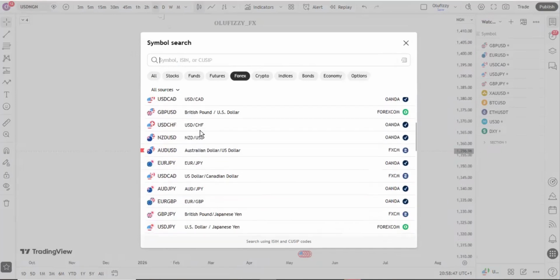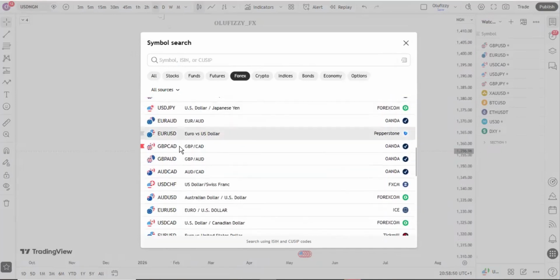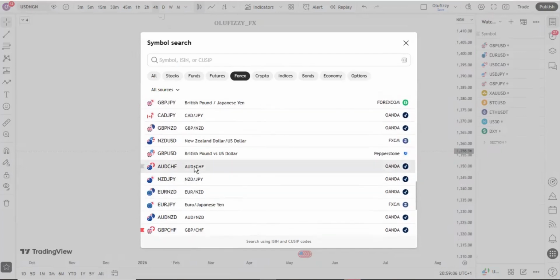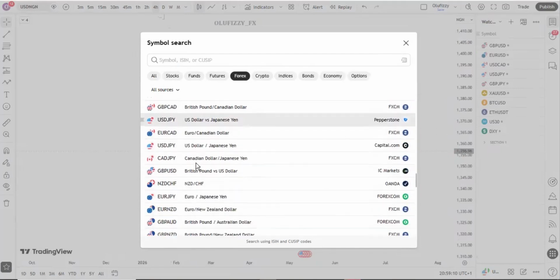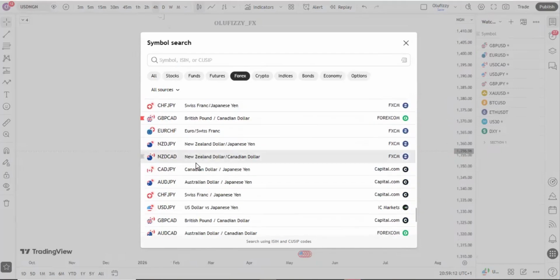You see that we have many pairs here, but any pair that doesn't include USD is a minor pair. Take note of this place where I select Forex. Any pair that doesn't include USD is a minor or cross pair.